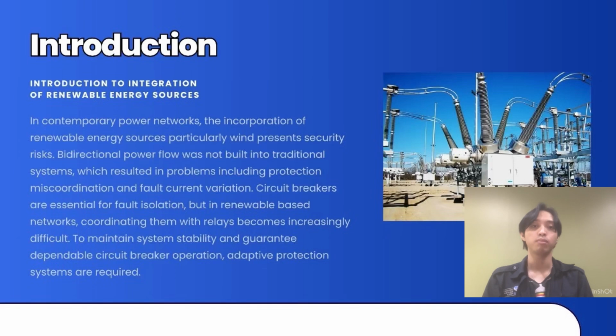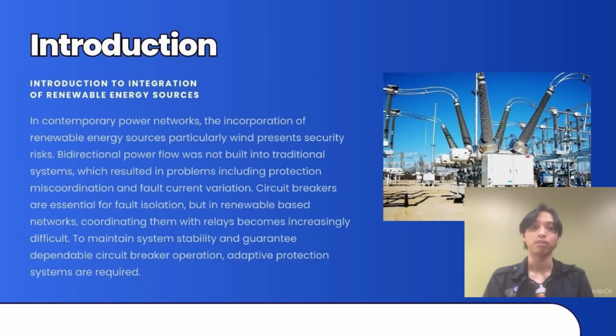Traditional power systems were originally designed for unidirectional power flow, where energy flows from centralized power stations to consumers. But with wind and other distributed energy sources connected at various points in the network, we now face bidirectional power flow. This change causes protection devices to behave unpredictably.